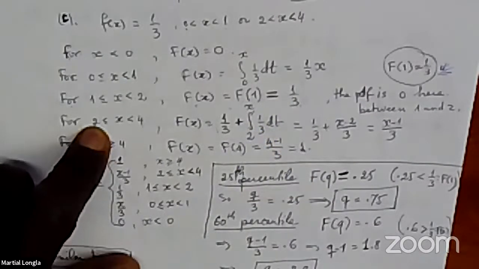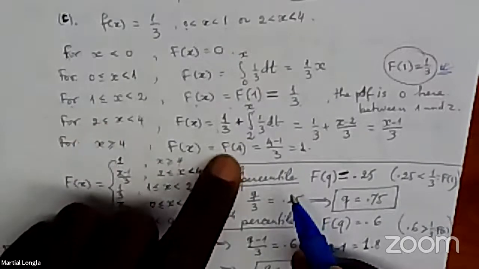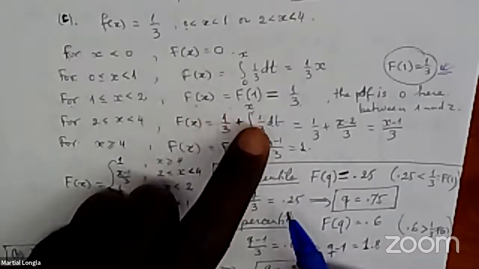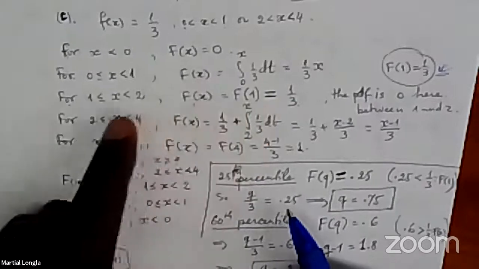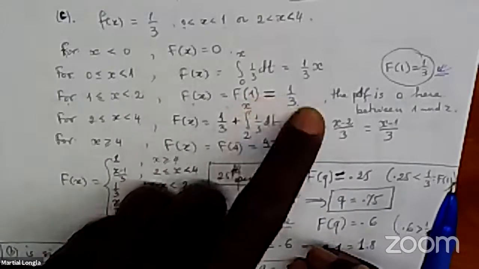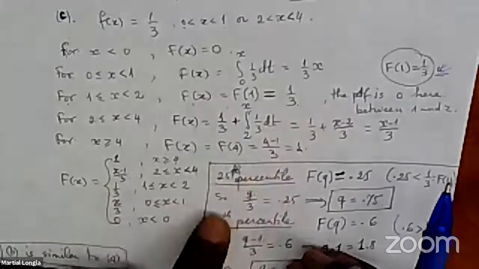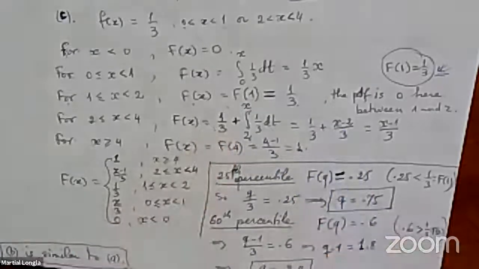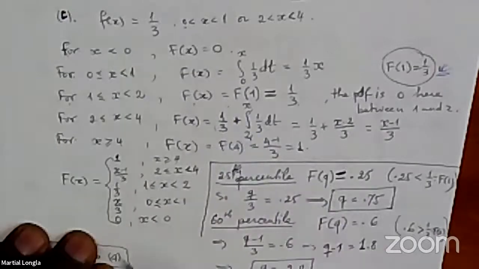Because integrating from -infinity to X is the same as integrating from -infinity to 2, and integrating from -infinity to 2 is the same as integrating from -infinity to 1, which is 1/3. That's why you have 1/3. And then the second part, the integral from 2 to X, you just compute it. You don't need to write those two integrals and compute them again if you already did the first part. That's the point I'm making here.